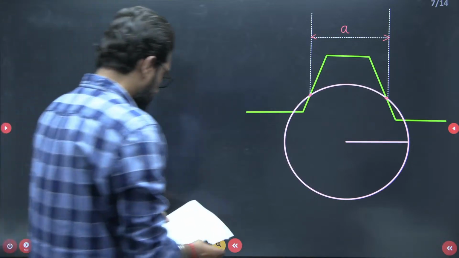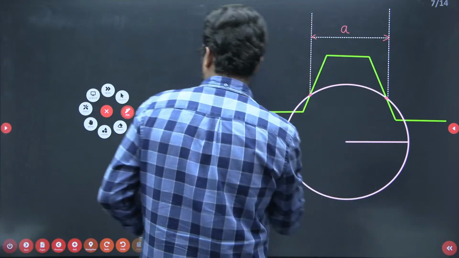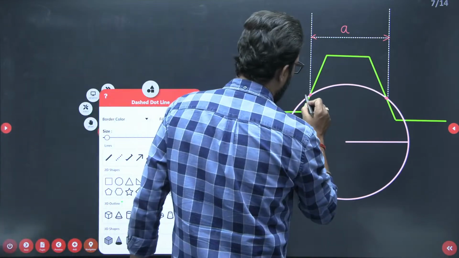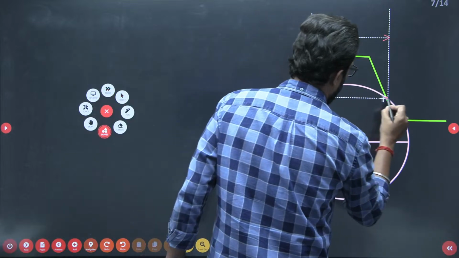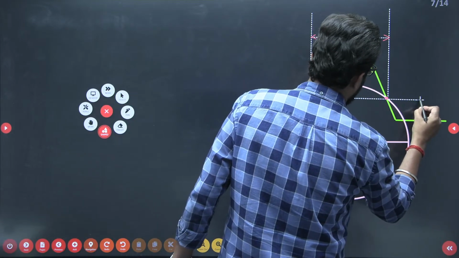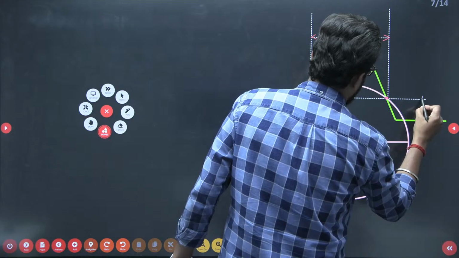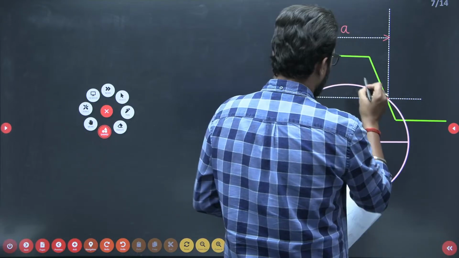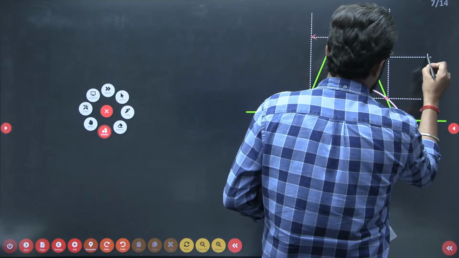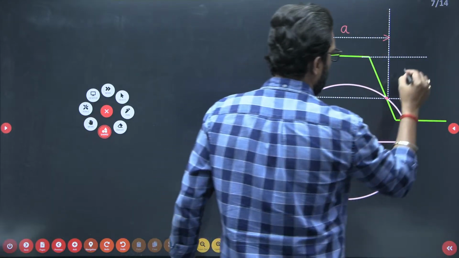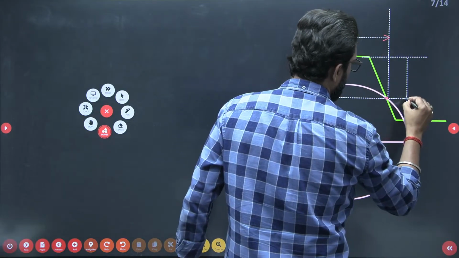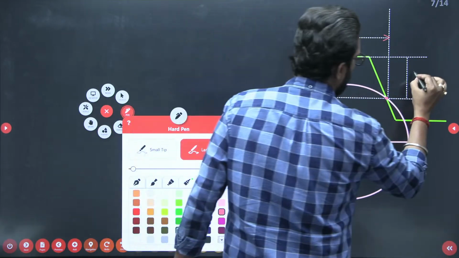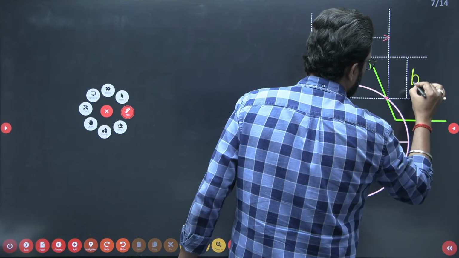Now from here, this dimension B is also given. Yes or not?